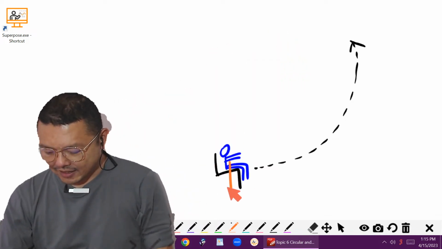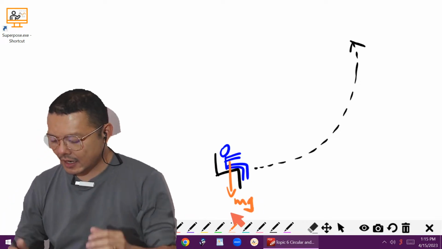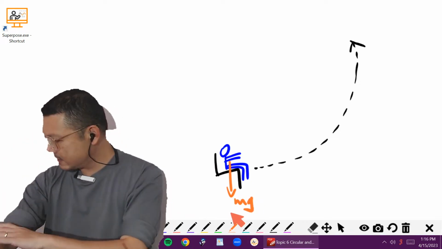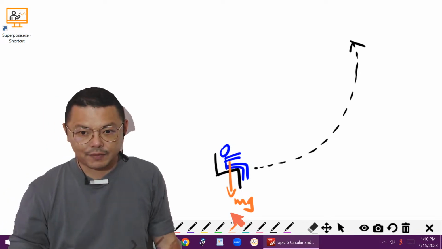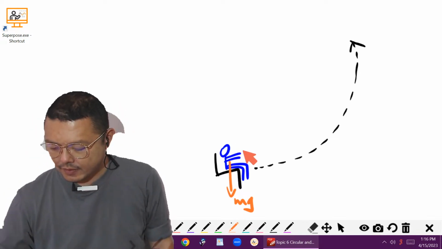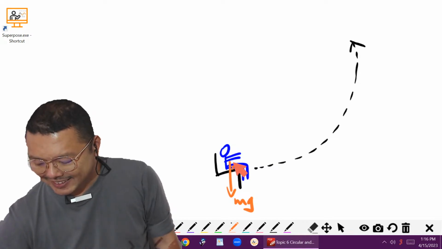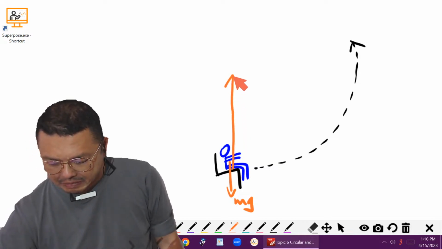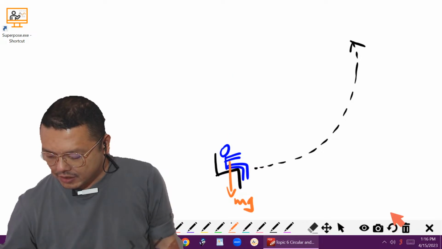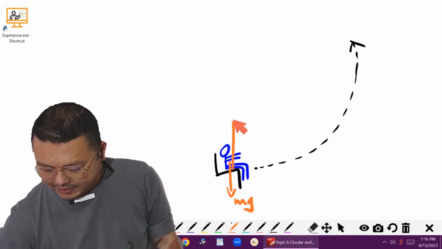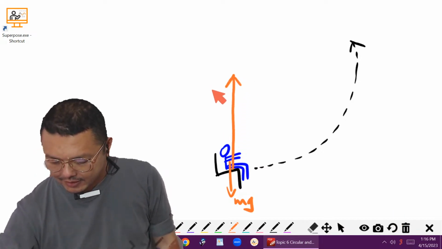There's the mass of the guy, and what else is there? The normal contact force. Now I'm just going to be a bit dramatic and draw this a bit higher, like this.